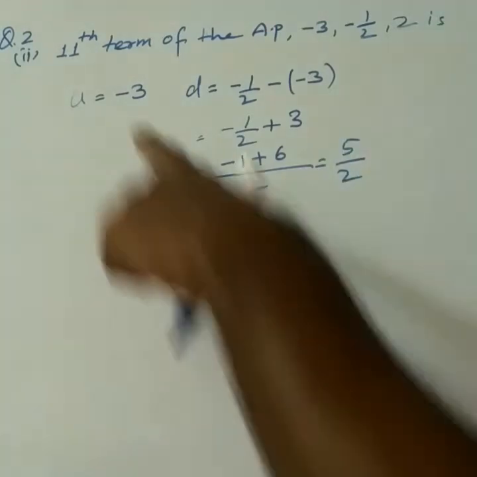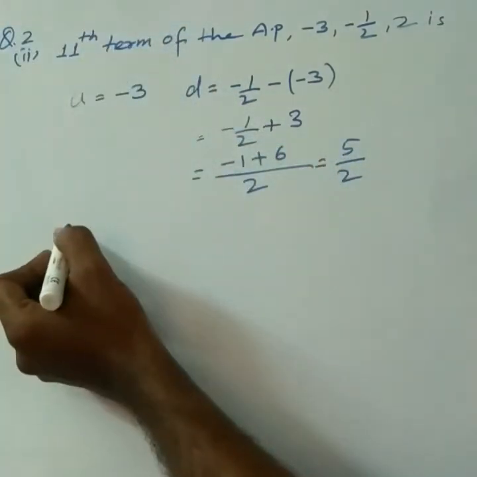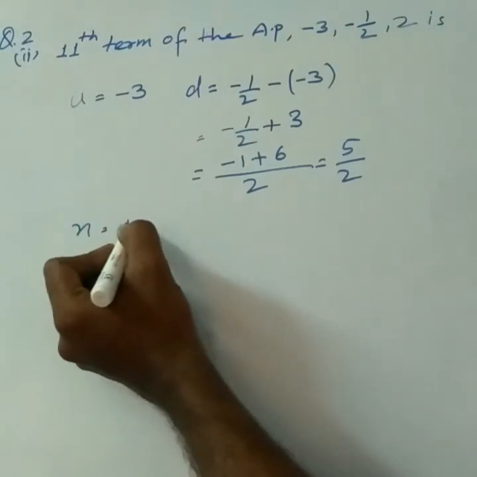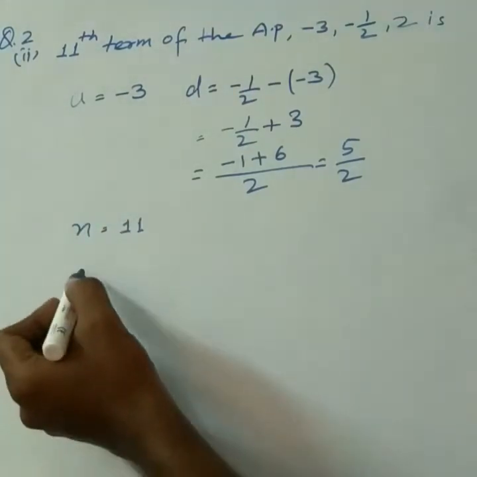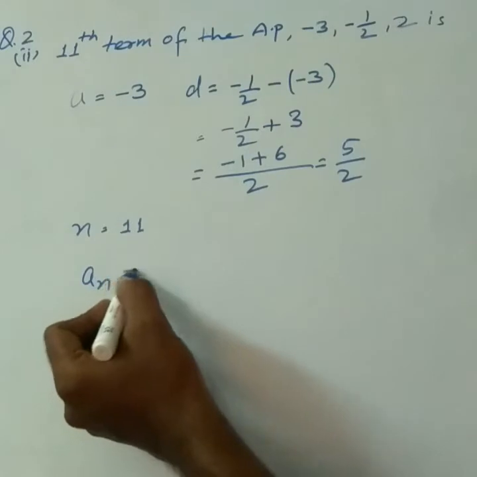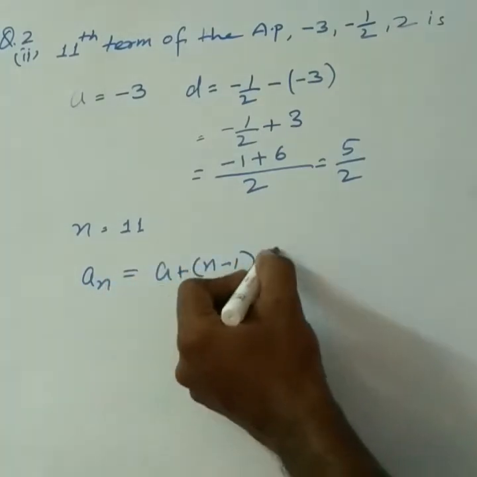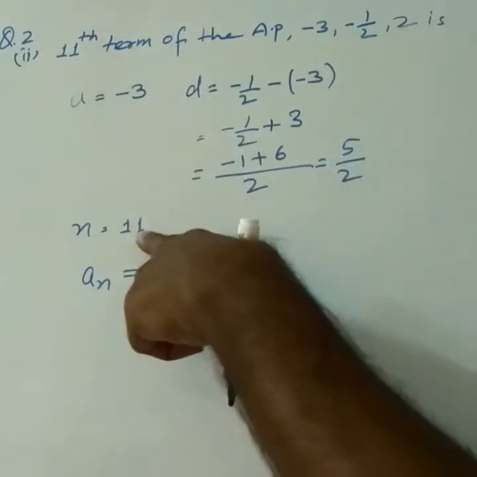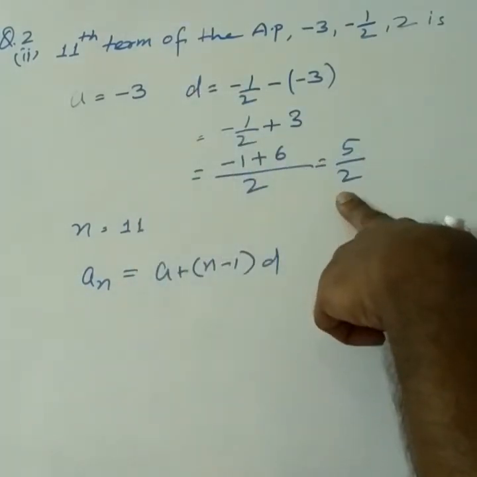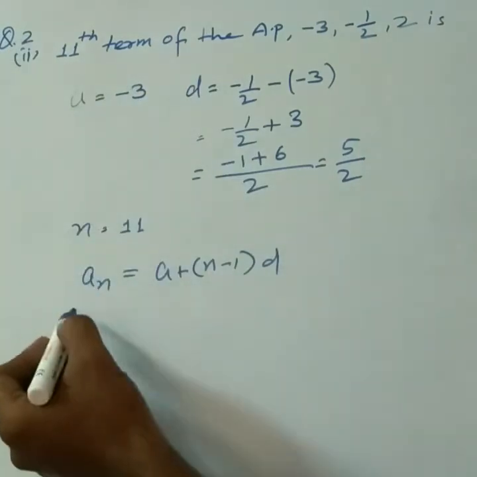It is d. We have to find out the 11th term. So n equals 11. Now use the formula of an. An is a plus n minus 1 into d. Put these values: n equals 11, d equals 5 by 2 and a equals minus 3.